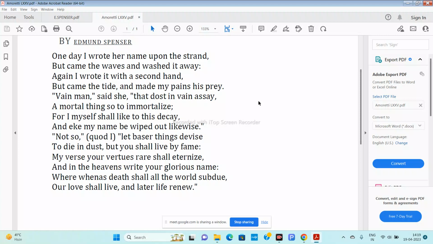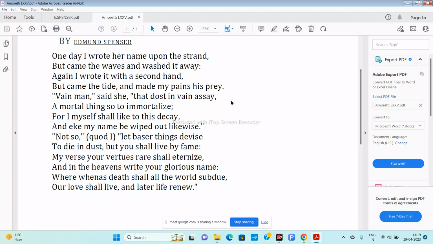Or here, of course, the word vain would have another meaning, that is foolish. So you are a stupid or foolish kind of person because you are trying to do the dost in vain essay. So this vain is futile in the sense of useless. You are trying to do a useless thing. Essay means attempt. A mortal thing, so to immortalize.